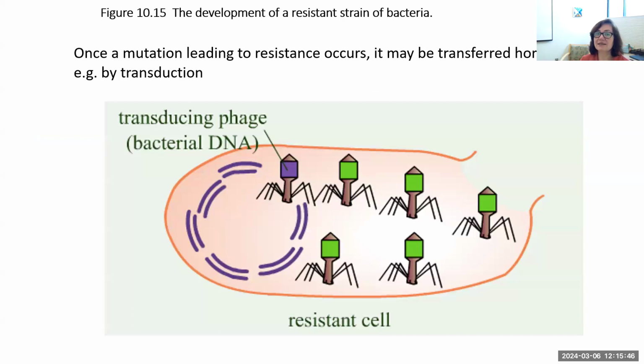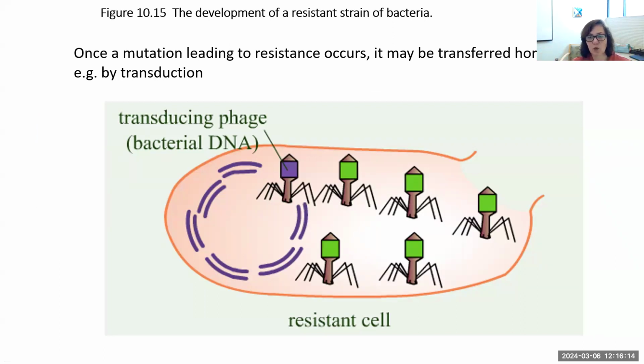Okay, and then this is an example of horizontal gene transfer. So once the mutation that leads to resistance occurs, it can be transferred horizontally. Here, the example that's being shown is a bacteriophage. In other words, there's a vector that's going to take the resistance gene from this bacterium and insert it into another bacterium.